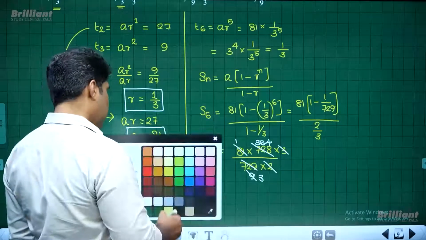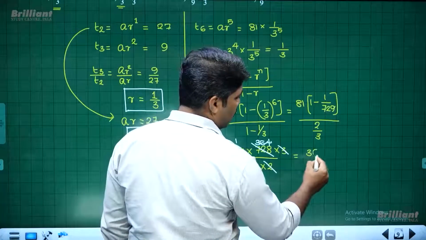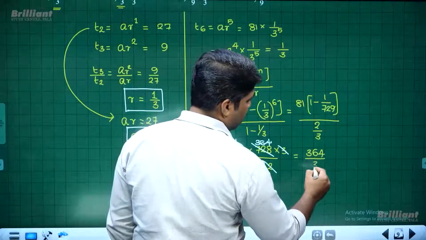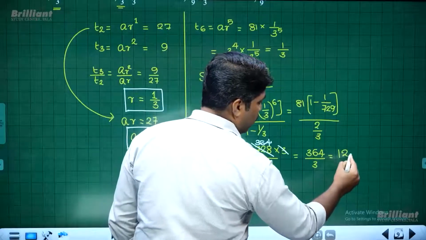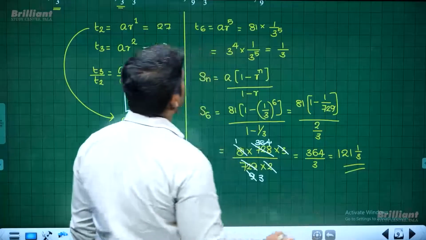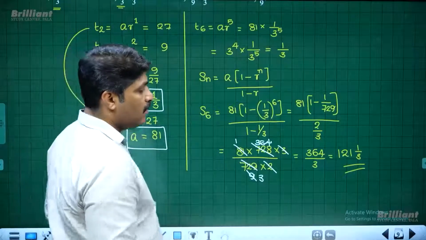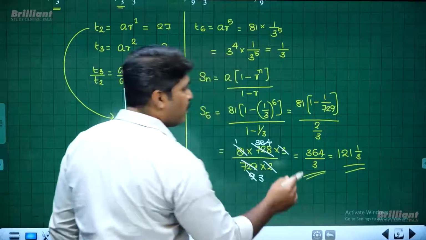So what is this 364 by 3? When it is 364 by 3, that is equal to 121 and 1 by 3. Got it? Here we can consider the values like this, either 364 by 3 or 121 and 1 by 3.